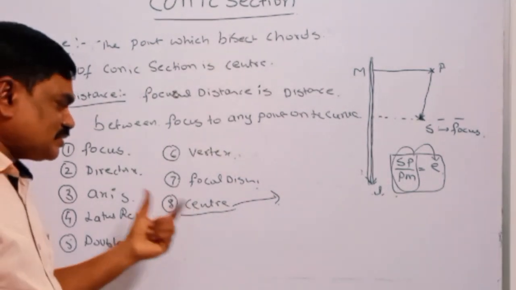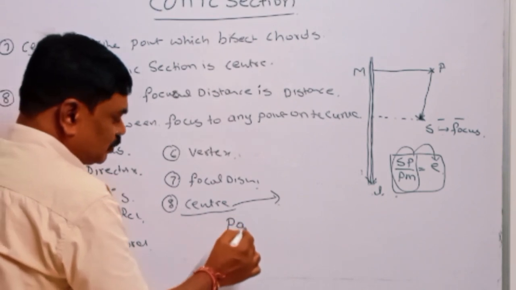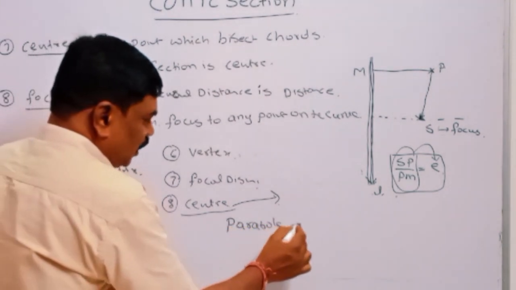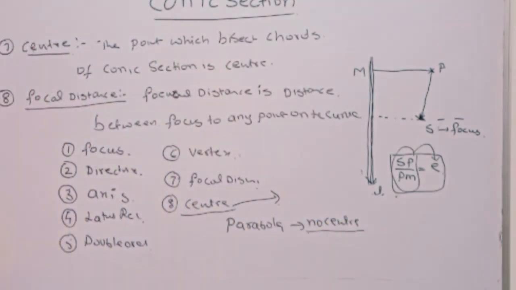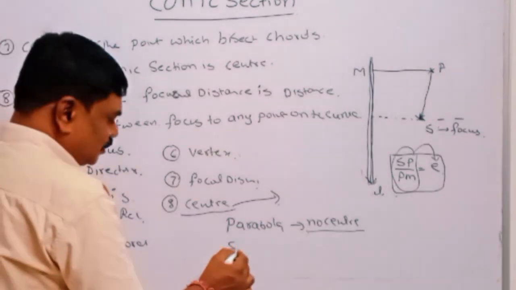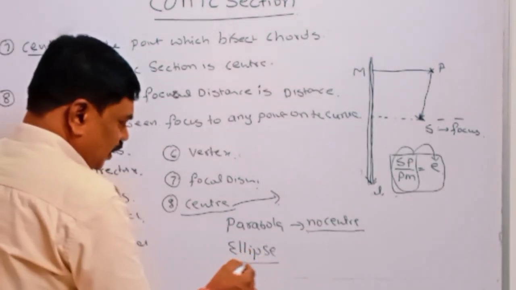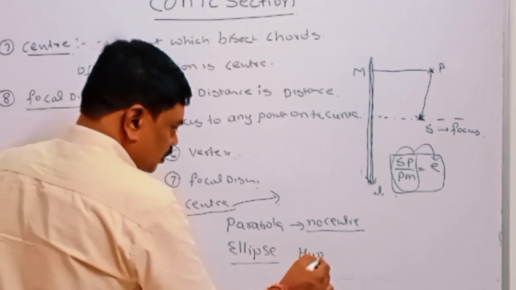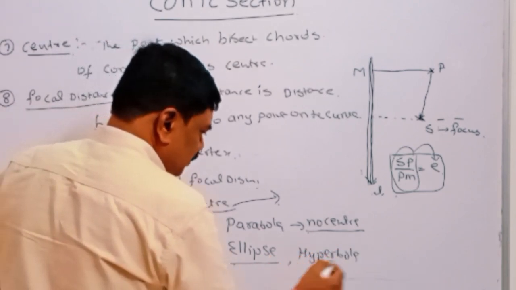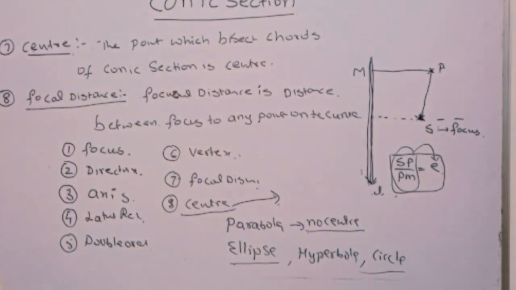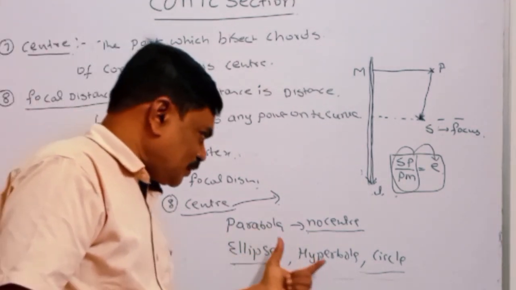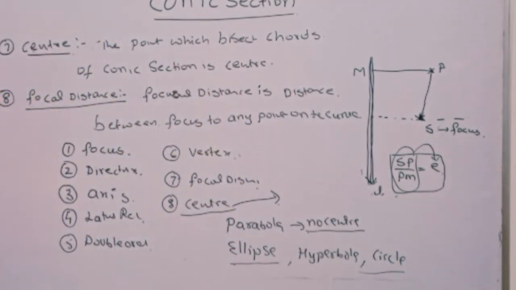Parabola has no center, and only ellipse, hyperbola and circle have centers. So these are the very important notations in conic sections.